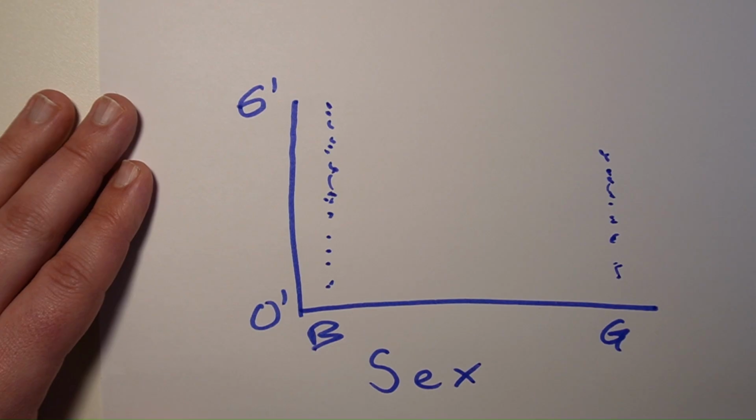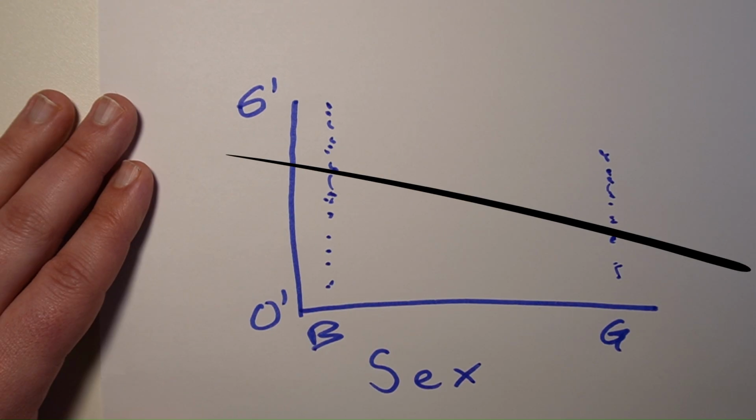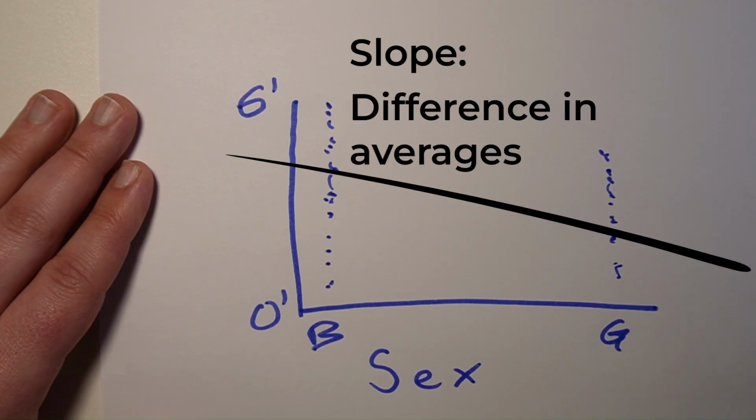Because the results represent the averages at a cross-section of X data rather than individual data points, we could draw a line from the average for boys to the average for girls. The slope of this would then represent the difference in averages between girls and boys. In this case, it would be a negative value, sloping down and to the right, since girls tend to be a little bit shorter than boys on average.